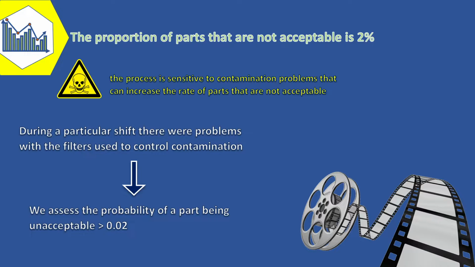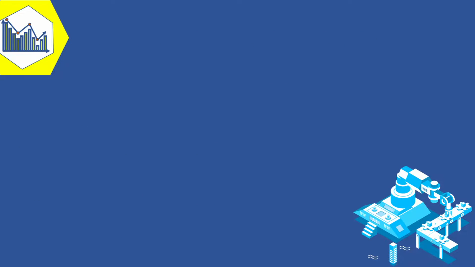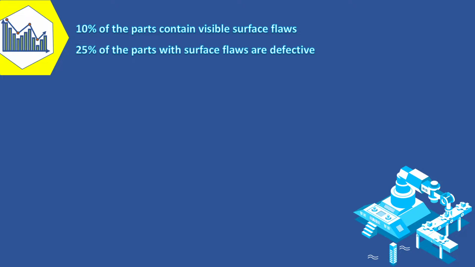In a manufacturing process, 10% of the parts contain visible surface flaws and 25% of the parts with surface flaws are functionally defective parts. However, only 5% of the parts without surface flaws are defective parts. The probability of a defective part depends on our knowledge of the presence or absence of a surface flaw.